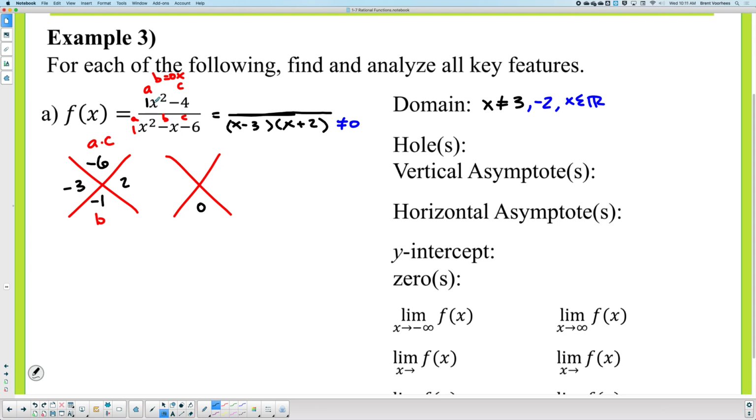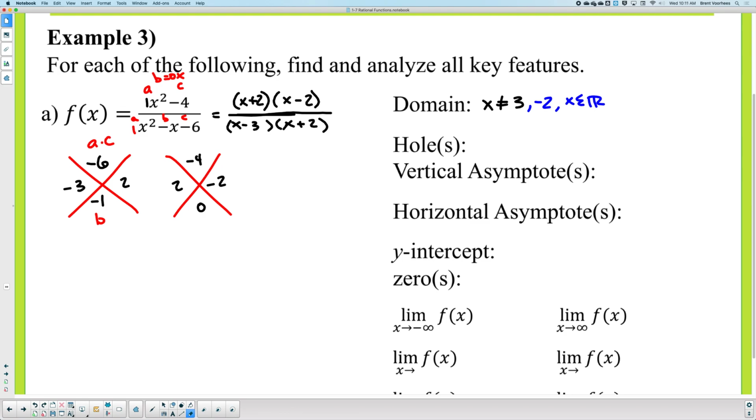What is 1 times negative 4? What are factors of negative 4 that add to 0? What are the factors of 4? There's 2 and 2, and there's 1 and 4. It's got to be a 2 and a 2 to get to 0. How do I make it be 0? Negative 2. There we go. And so this would factor as x plus 2 and x minus 2.